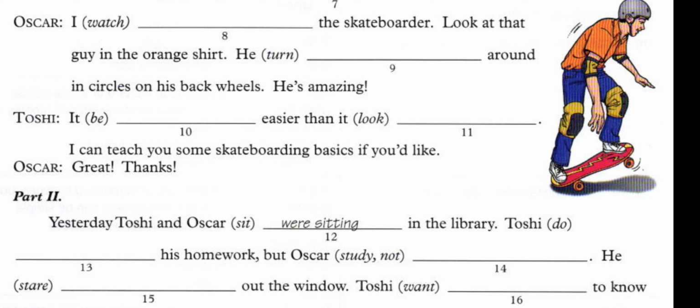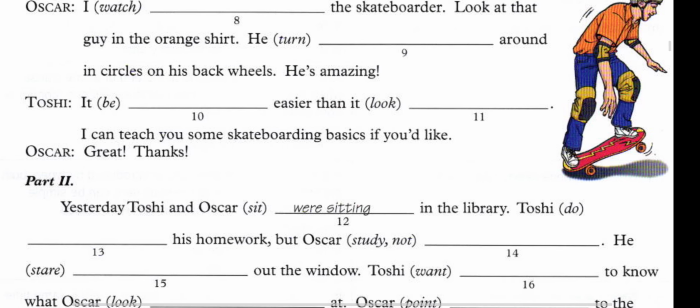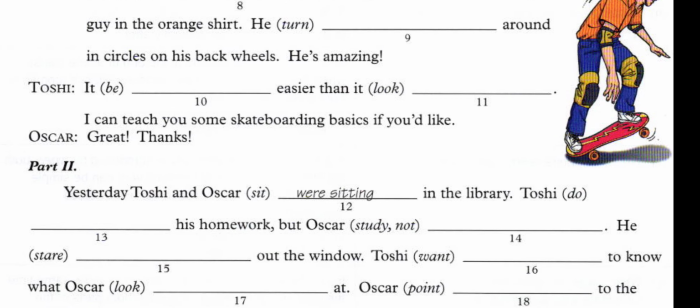"Look" here means "seems", and "look" and "seem" are non-action verbs, or state verbs. We never use them in the present progressive. The meaning is present continuous, that's true, but those verbs cannot be used in the continuous form. We should use them in the simple present form. It's easier than it looks. I can teach you some skateboarding basics if you'd like.